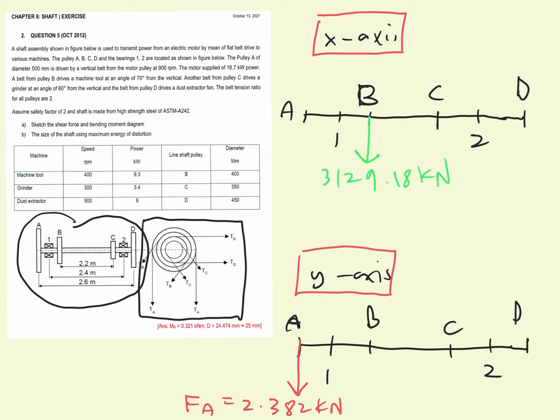And then for the y-axis for pulley B, after we resolve it, it acts downwards, so it will become negative here. The value is 1138.93 kilonewton.